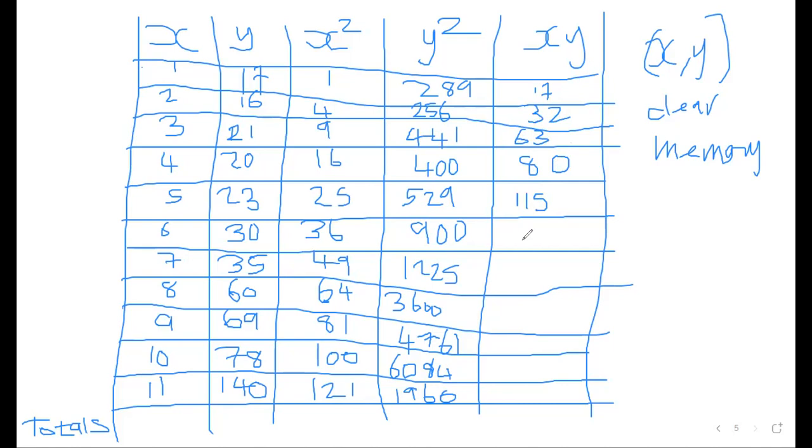This is 30 by 6 is 180. 35 by 7 is 245. 60 by 8 is 480. 69 by 9, 621. Then 780 on this end. So for you to get full marks, 11 by 140, 1540.